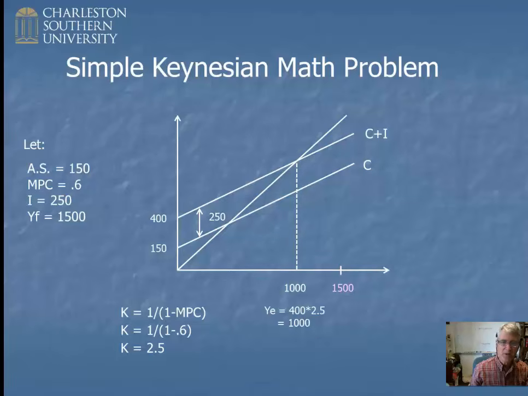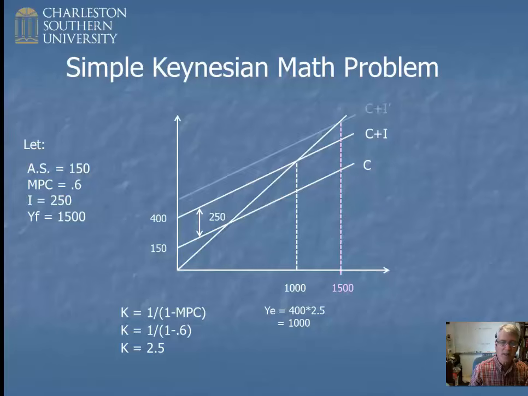Okay, so now we have equilibrium here, because equilibrium is just going to be 400 times the multiplier, gives us this number over here. So here we are at the moment at equilibrium, but where we need to be is way out here. So you can see that the economy is operating at some level short of full employment.